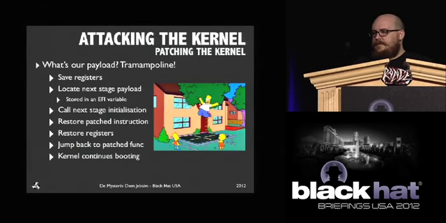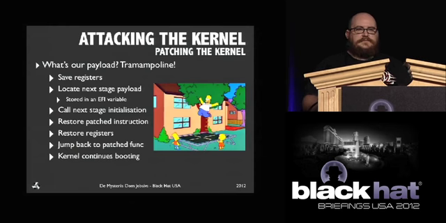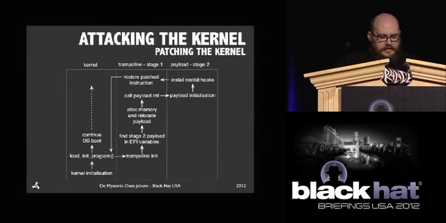It then initializes the payload, which has some initialization routine to install rootkit hooks into the kernel or whatever, restores the patched instruction at the start of the load_init_program function that we used to jump there, restores the CPU state, and jumps back to load_init_program, which has been fixed up so we can let the kernel continue booting and not crash horribly. So that's pretty much what I just said.